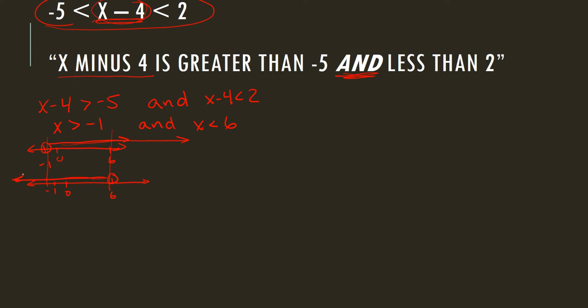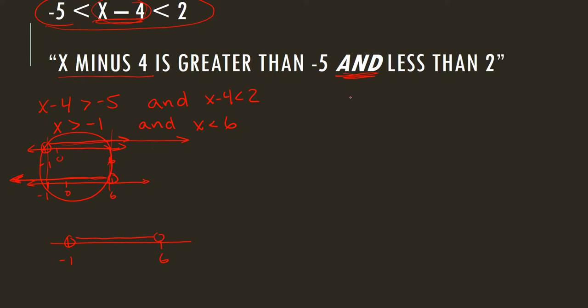And x can be less than 6 all the way down here, but after we get past our -1 point, it's no longer greater than -1. So the only area where both of those statements are true is in between -1 and 6.